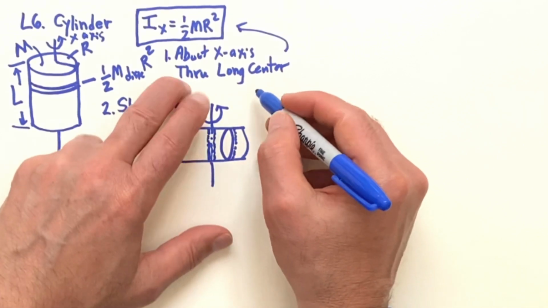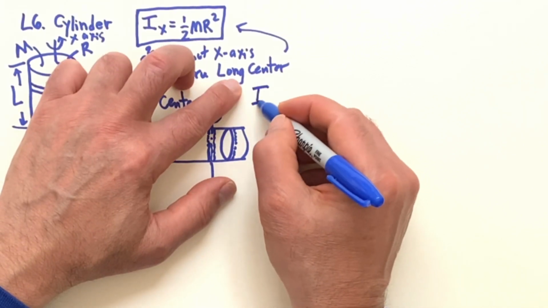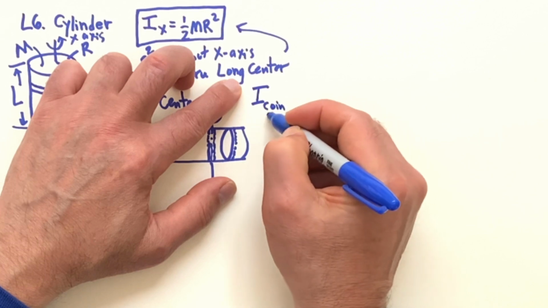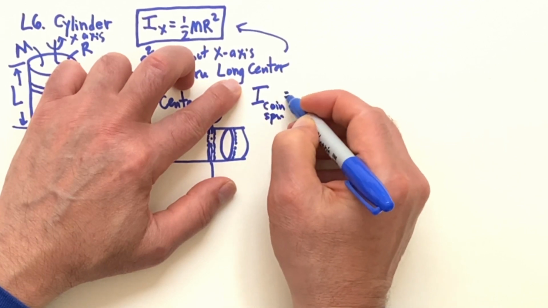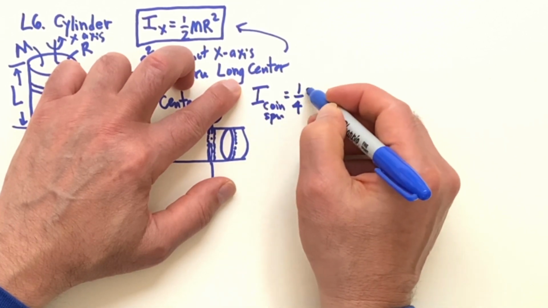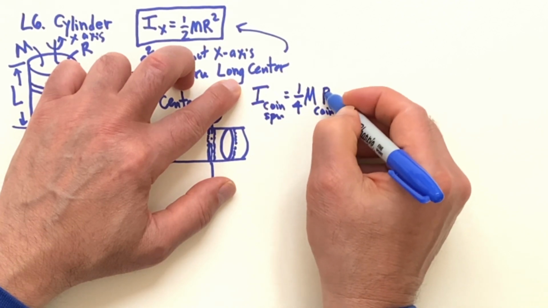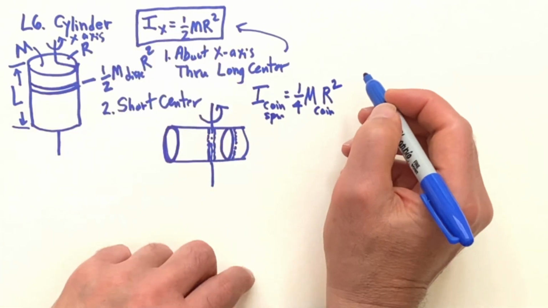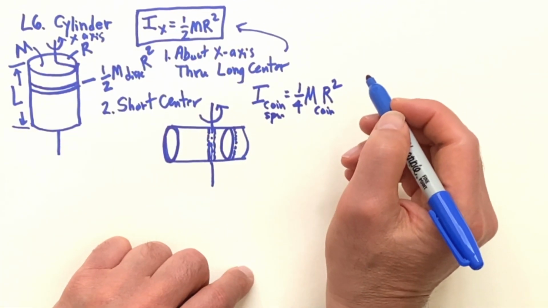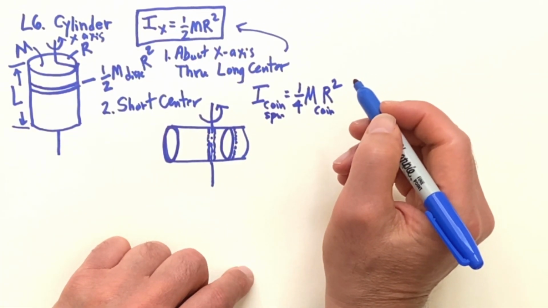So when you do, let's say, I coin spin, we got that to be 1/4 the mass of the coin times the radius of the coin squared. This was in our previous section. We just did this in section L5.